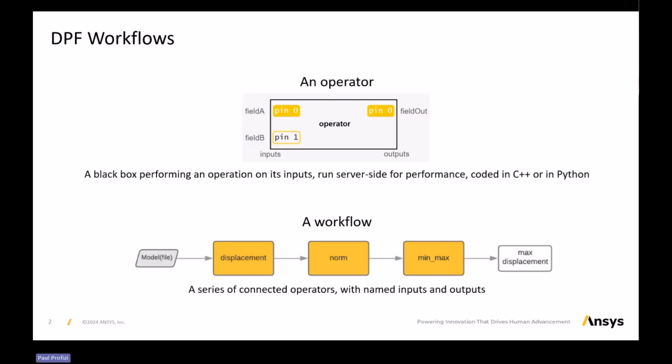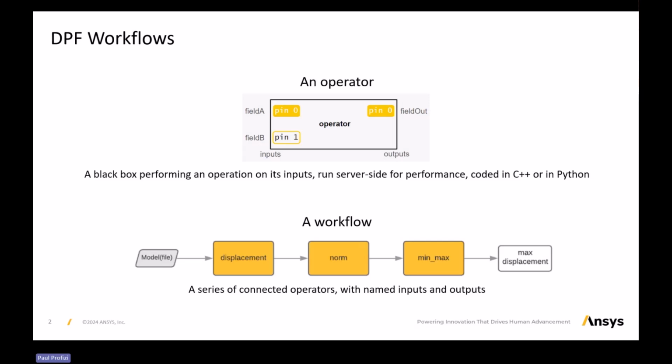They are mostly coded in C++, but we also provide the possibility to code them in Python and to load them server side and still run them server side, even though you coded them locally in Python. That's the second presentation I wanted to make. So if I'm quick enough, maybe I'll put it in.